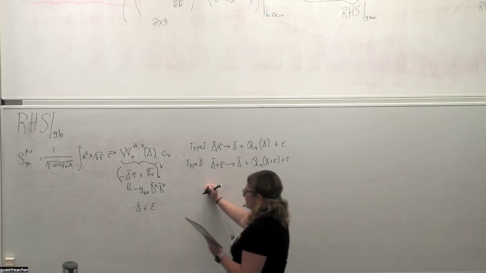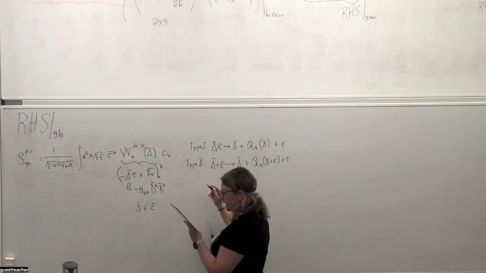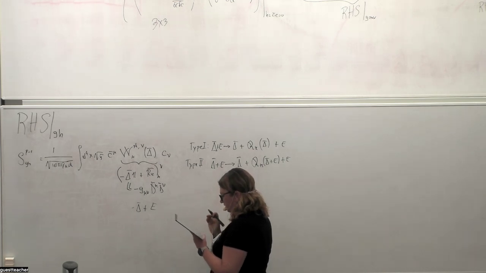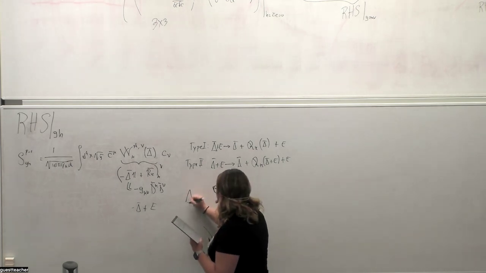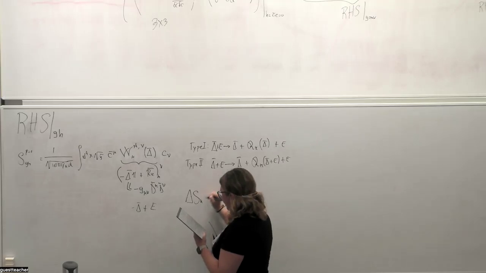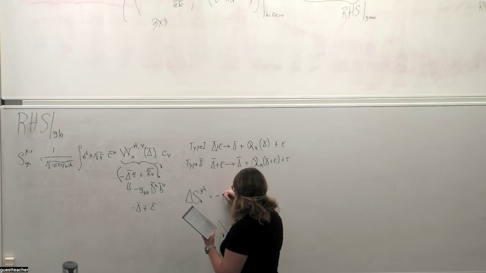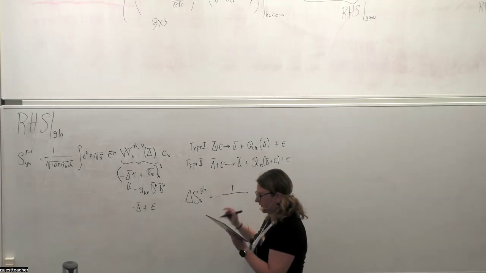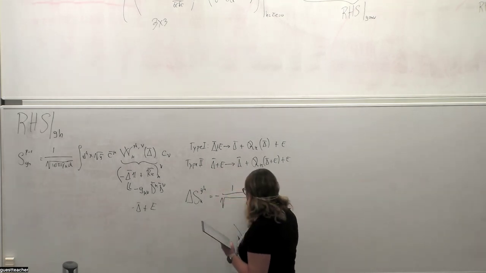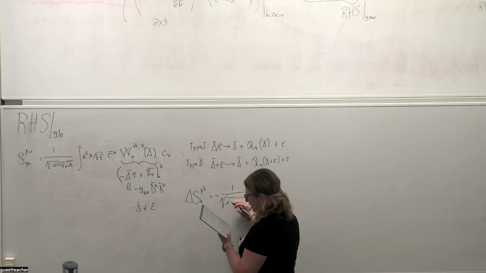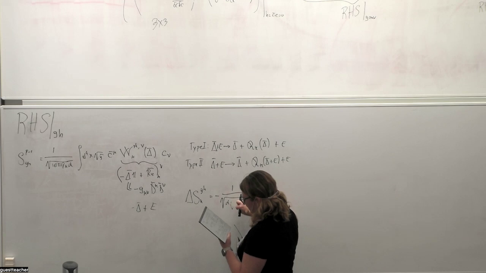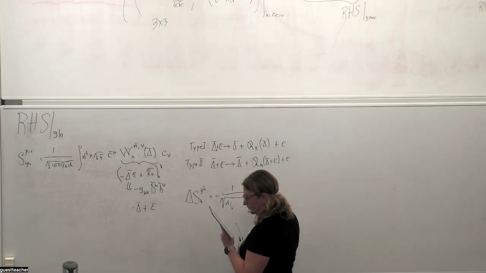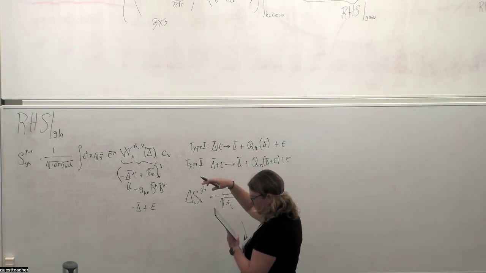So after this, we can essentially write down the regulator part as minus, same prefactor as for the action, sorry, it should be the same prefactor as for the ghost action.